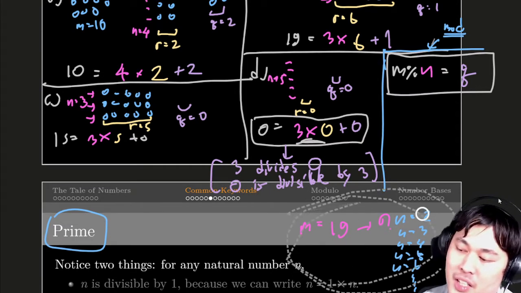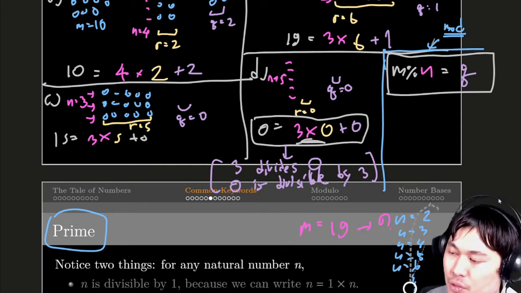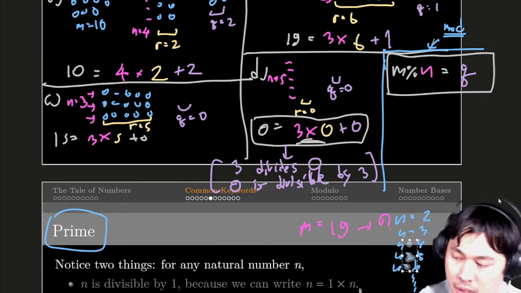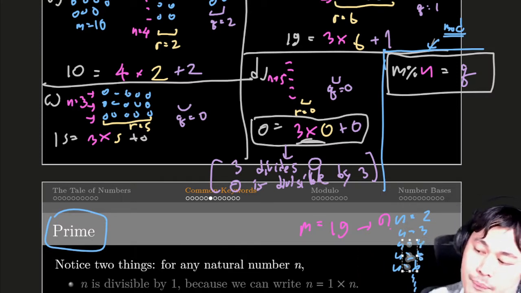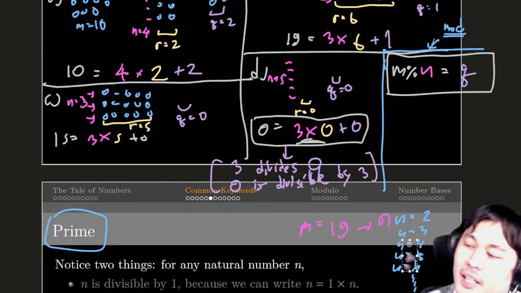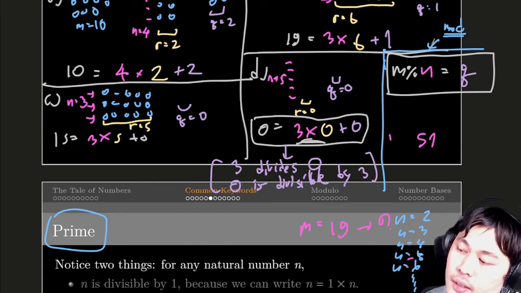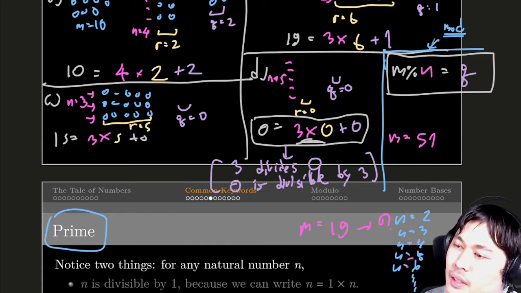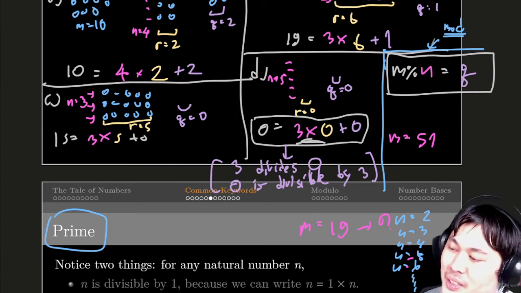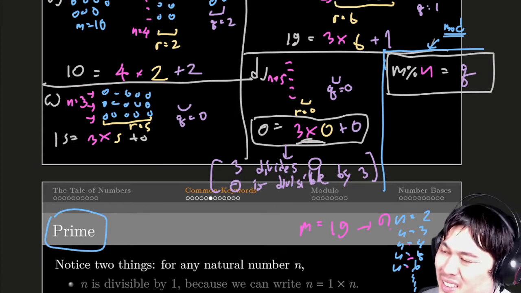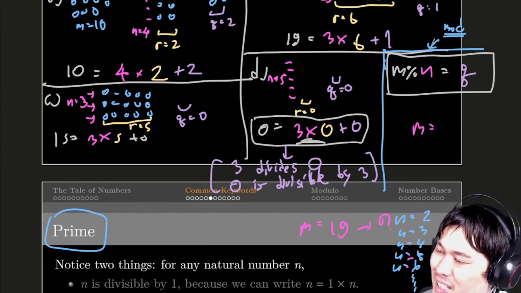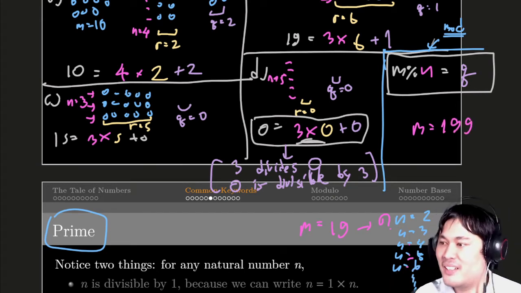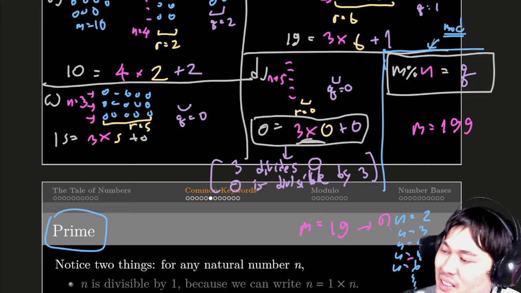Sometimes if I give you a number like 19, then if you try all the smaller numbers, you cannot divide it in any way. But if I give you a number like 51, it takes you some time to see, oh no. Let's say a number like 199. That's a pretty big number.